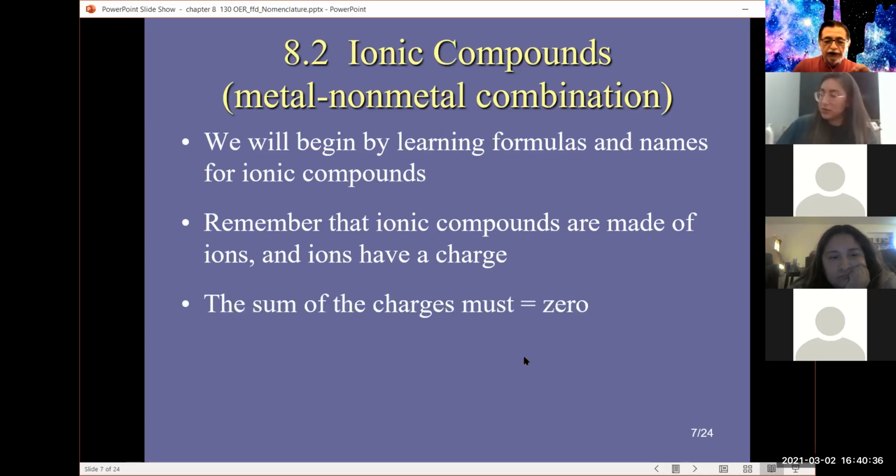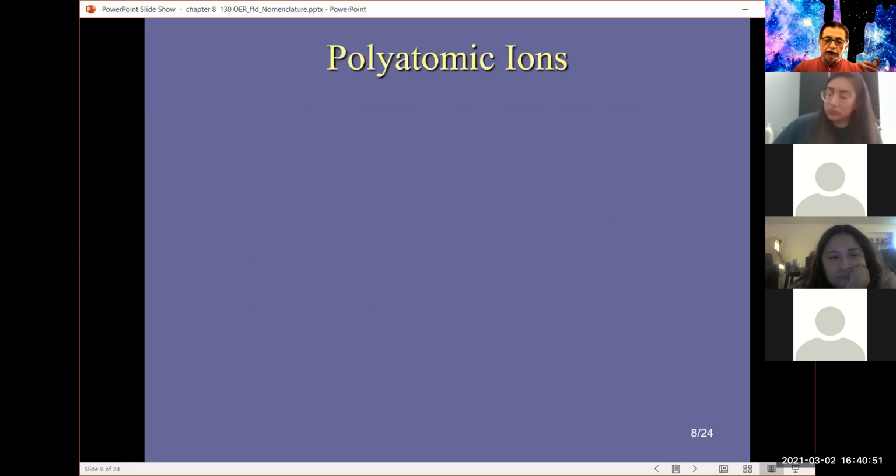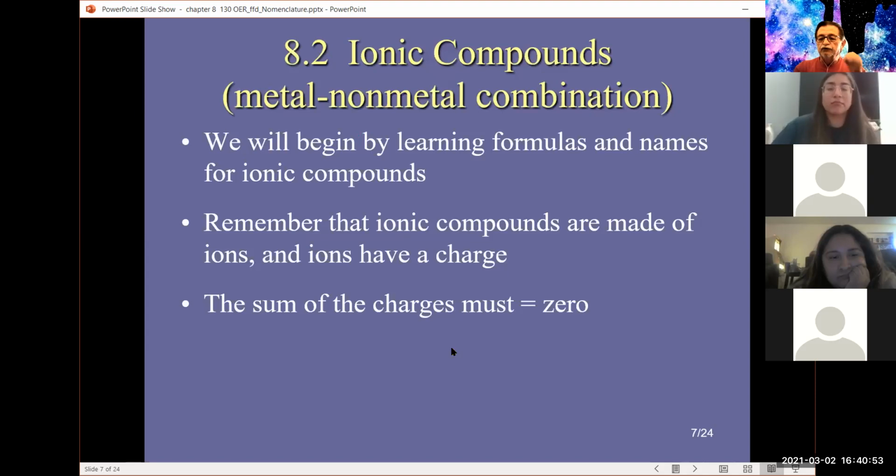So now, when we put these together, I mentioned this before, when we put the cation and the anions together, their sum should equal 0. So we have to put enough positives and enough negatives to equal 0. Now, what I'm going to do is give you a general formula that fits all conditions, because some of the homework does not end up with the sum of the charges equaling 0.